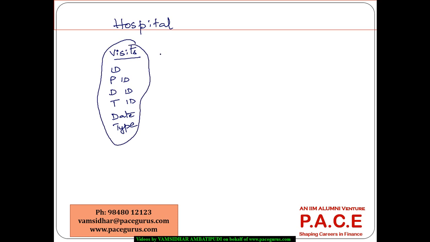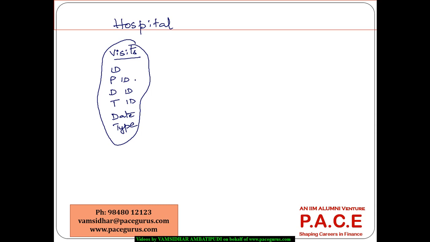Whosoever is the doctor, I have a doctor ID for it, and whatever treatment he has taken, I'll have a treatment ID for that, and whatever the date on which the visit was made, I'll capture the date and probably the type of the visit.